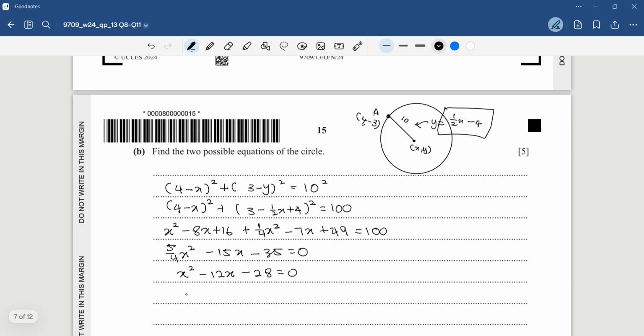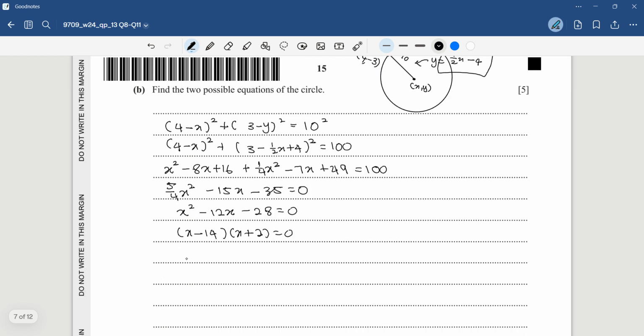So you can factorize this. (x minus 14)(x plus 2) equivalent to 0. So x equal to 14, or x equal to negative 2. When x equal to 14, y equals 1 over 2 times 14 minus 4, so y equal to 3.